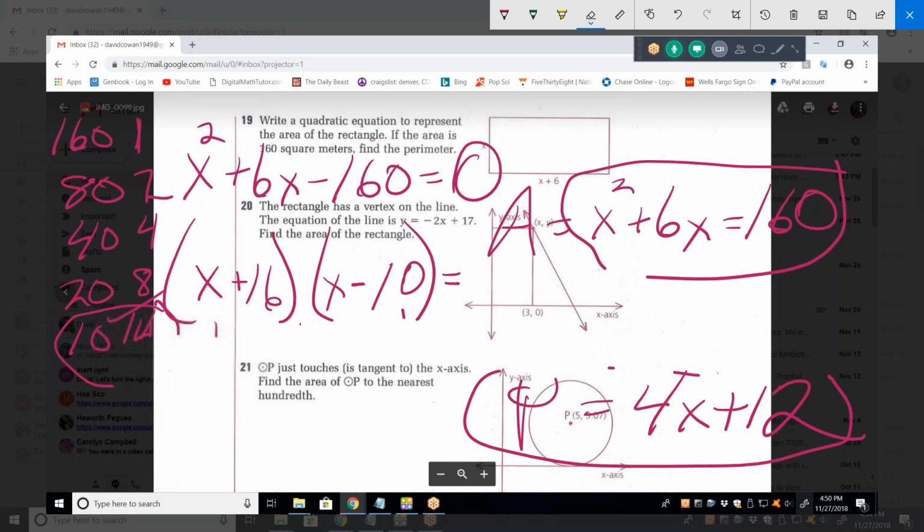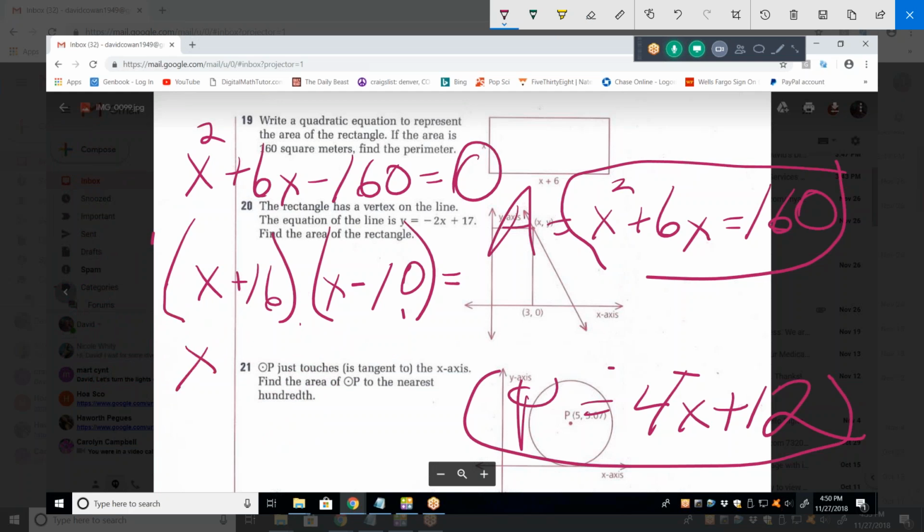What are my solutions to that quadratic? x equals 16, negative 10? No. If both of those multiplied together are equal to 0, the most important rule in all of algebra is that when you have two things multiplied together equal 0, then set each thing equal to 0.